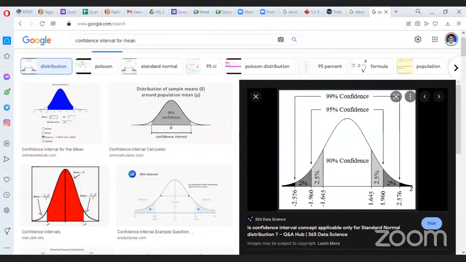To find this out, you calculate the standard error of mean. After that, you have to multiply it with the Z value. Suppose your standard error of mean is 4.2. So you have to multiply 4.2 by the Z value 1.96.